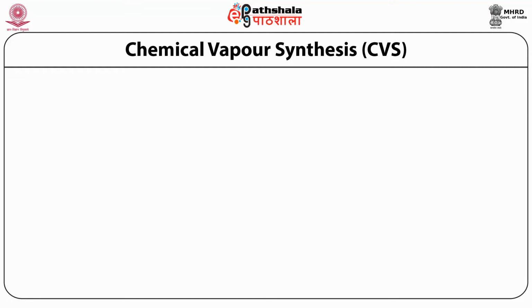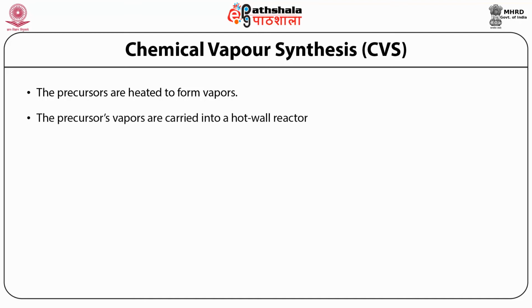Let us next discuss chemical vapor synthesis. The chemical vapor synthesis technique can be summarized as follows: first, the precursors are heated to form vapors. Then the precursor vapors are carried into a hot wall reactor.